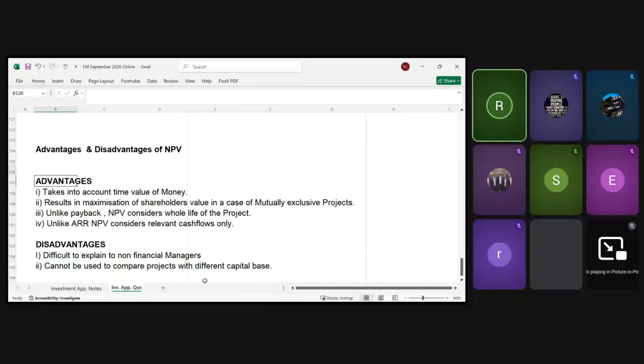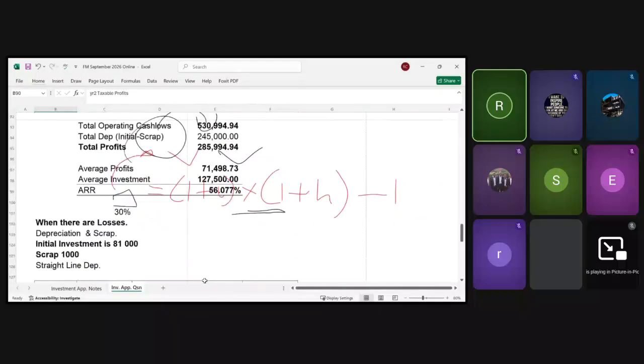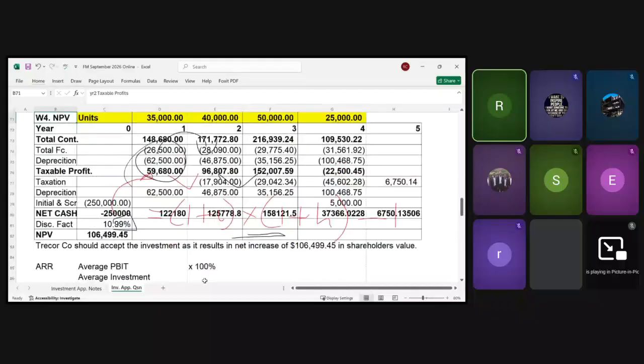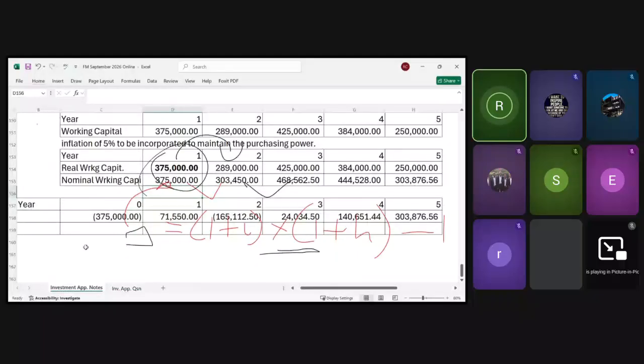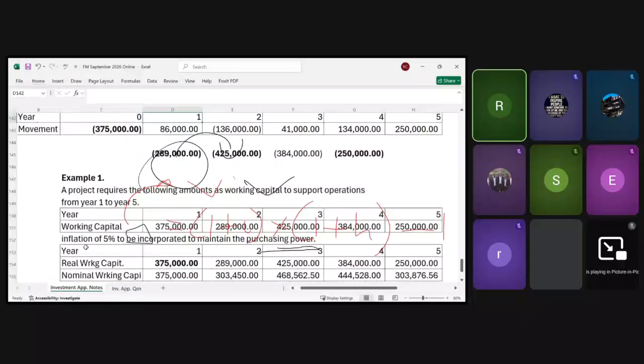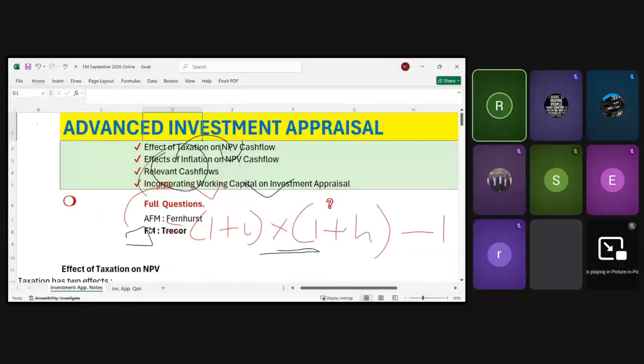For those who are doing FM, I will be sending more questions over and above the question that we have done today. You who are doing AFM, please look at this question. It is a past exam paper question, and the NPV has 15 marks.